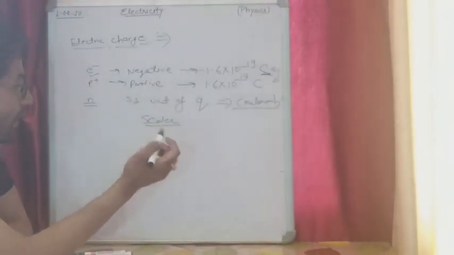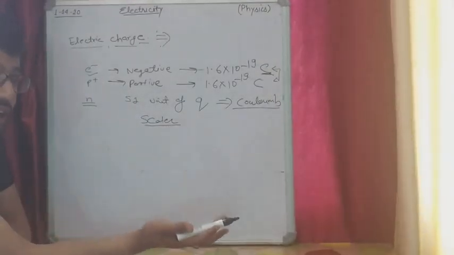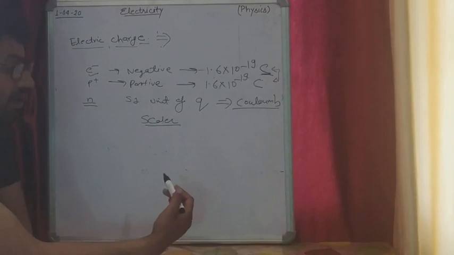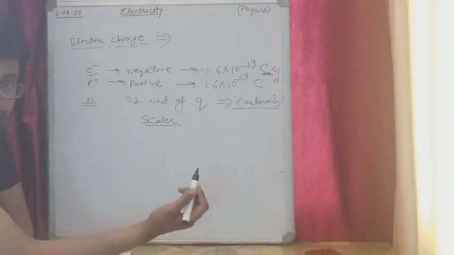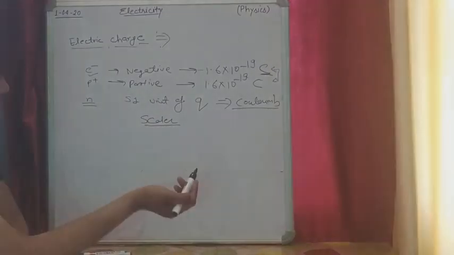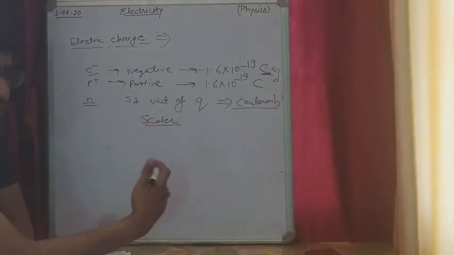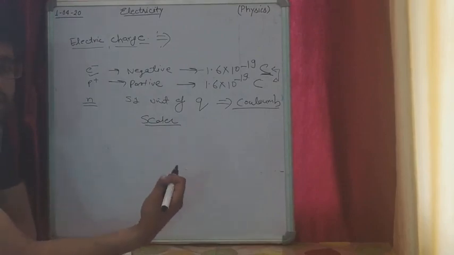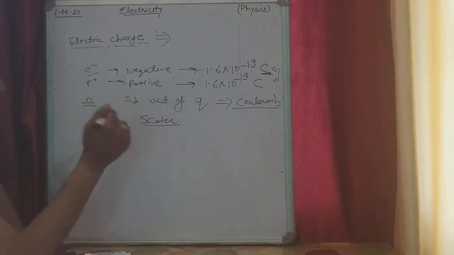When electric charge is at rest, it is called electrostatics, and when electric charge is in motion, we call it current electricity. In this chapter, we will learn mainly about electric current. What is electric current? So you should know this thing.